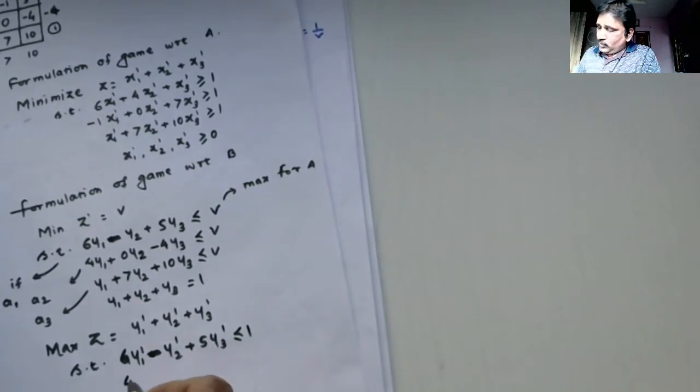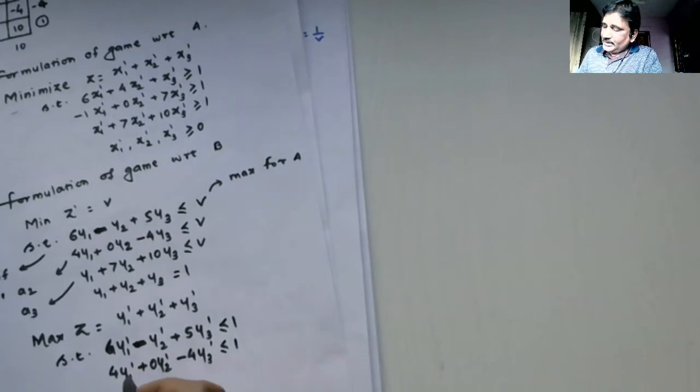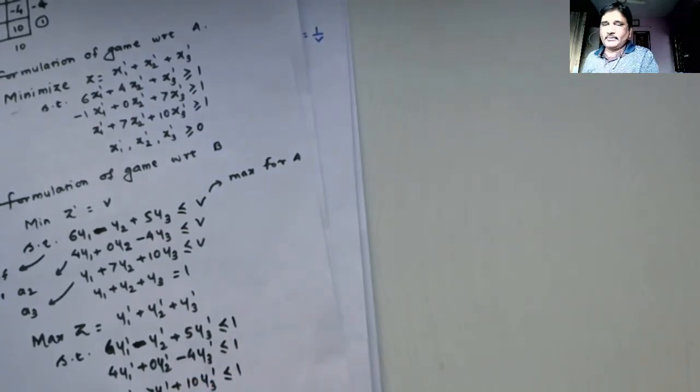Then 4y1 dash plus 0y2 dash minus 4y3 dash less than equal to 1 again. Then y1 dash plus 7y2 dash plus 10y3 dash less than equal to 1.